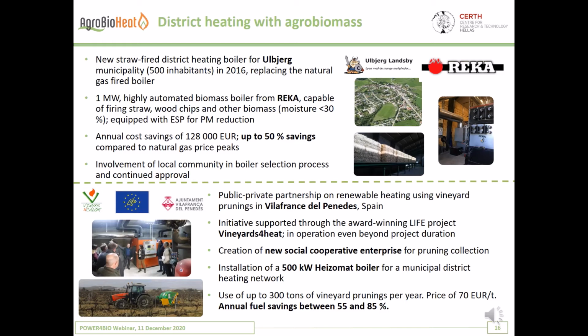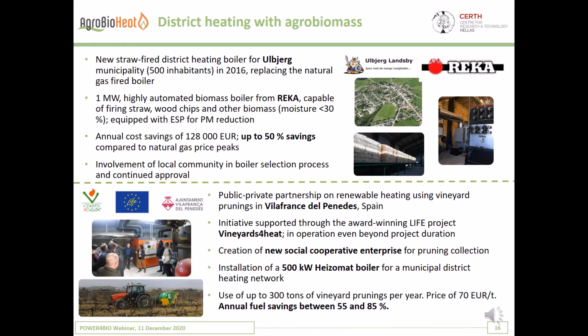It is capable of burning straw as well as other biomass fractions such as wood chips, and it is equipped with an ESP for particle reduction. It is calculated that such a system can provide up to 50% savings compared to natural gas price peaks, and the local community was actively involved in the boiler selection process and the continued approval of the project.